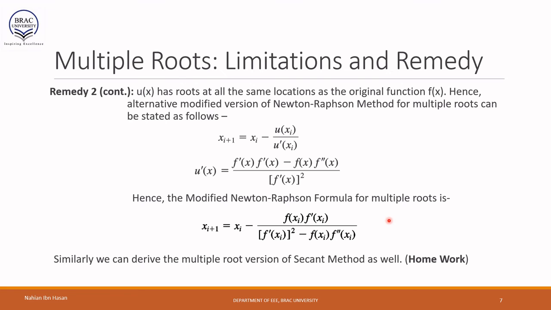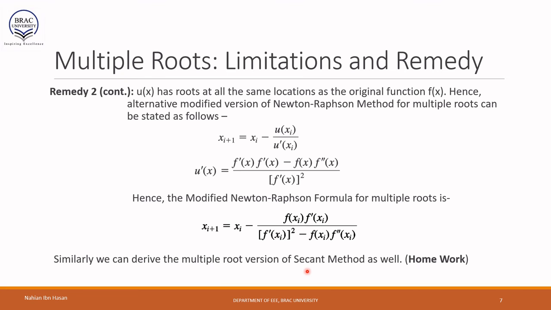Similarly, we can derive a modified secant method for the multiple root version, but we are not going to specify that in this lesson. That is your homework. You are going to derive the multiple root version of the secant method. This is the multiple root version of the Newton-Raphson method. Then your task is to derive the multiple root version of the secant method.